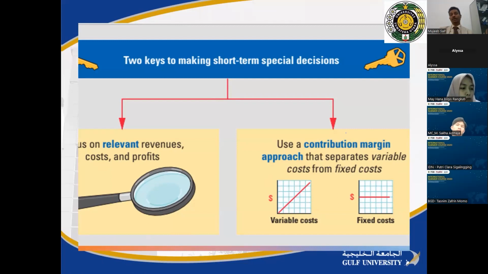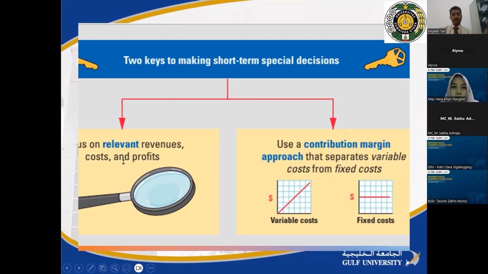For example, last year we produced, for example, 10,000 tables, but the profit we got last year is less, not so much. So now we want to make a decision to increase our sales from 10,000 to 20,000. So we should know how much the cost will be, how much the profit will be, whether we can sell all this product or not, and so on.